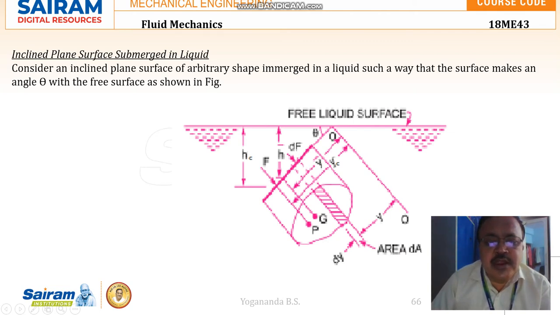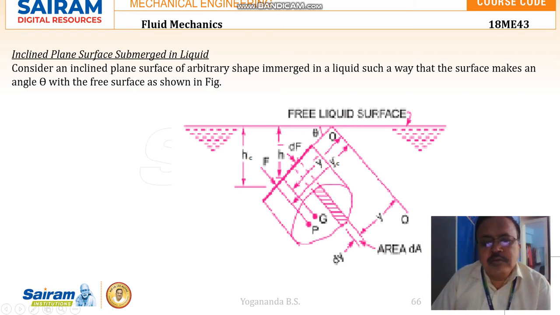So G is at a distance of h bar from the free surface, and hc is the distance of P from the free surface. These values of h bar and hc are measured with respect to the free liquid surface.